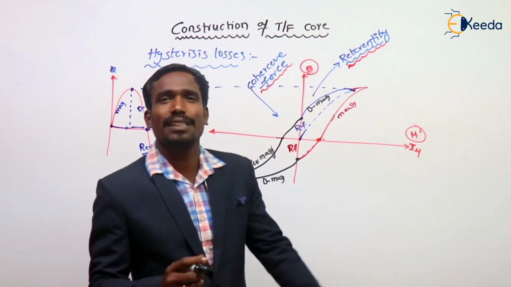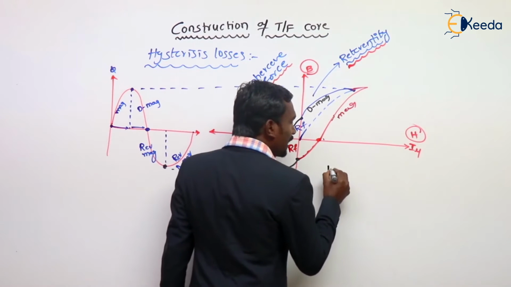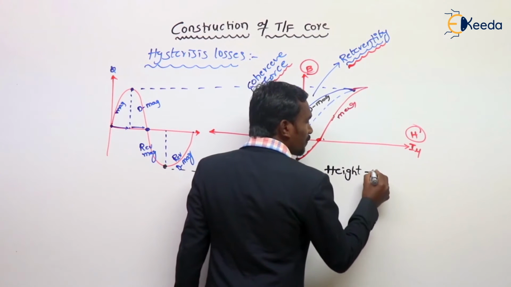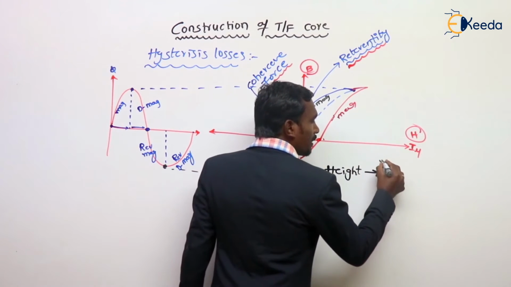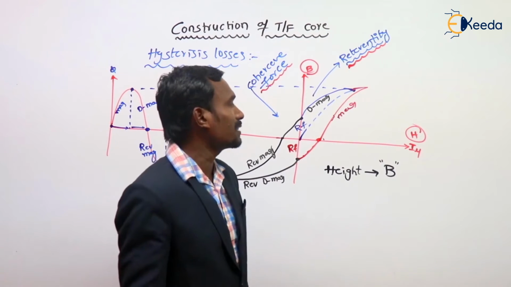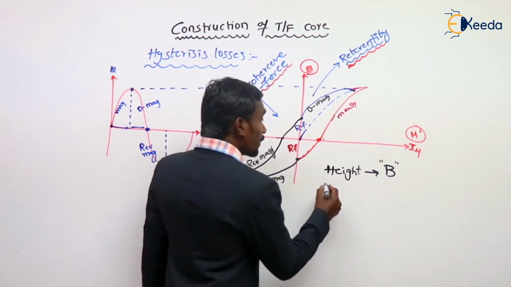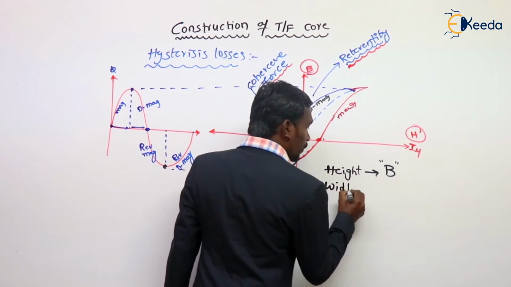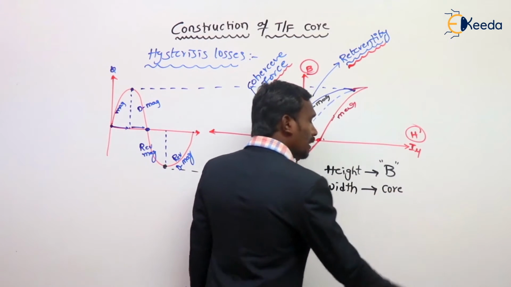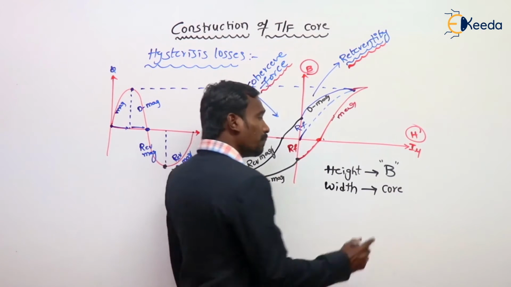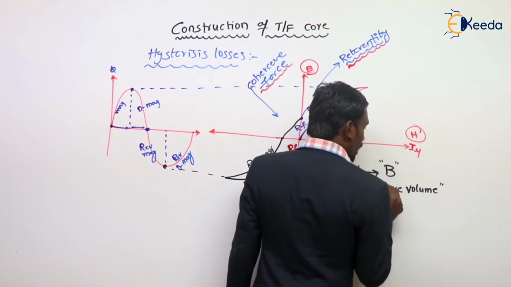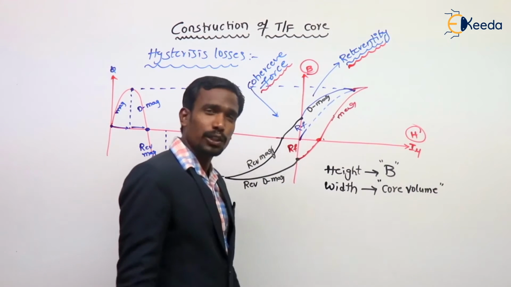In this hysteresis curve, they will ask you a question: the height of the curve is given by flux density, and the width of the BH curve is given by magnetic core volume.